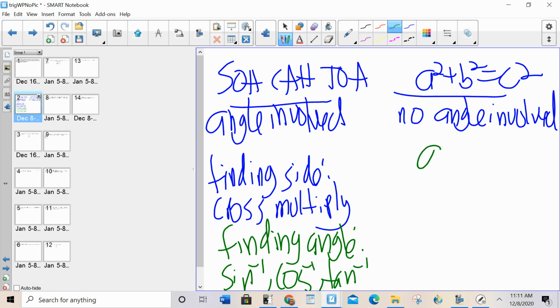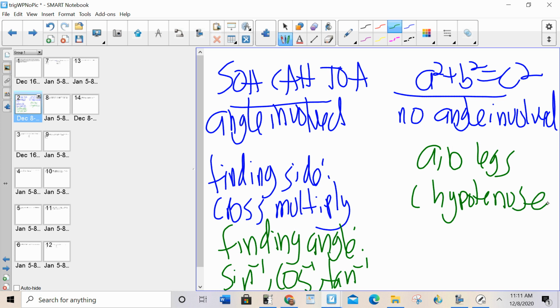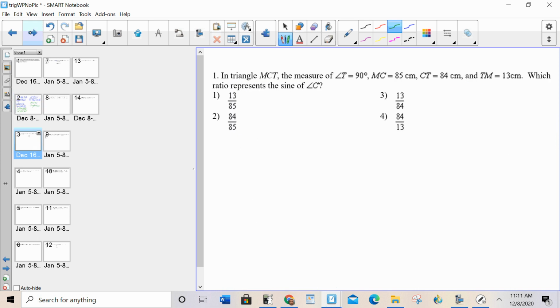For Pythagorean Theorem, A and B are the legs, and C is the hypotenuse. Now, a prerequisite for this lesson is that you know how to do Pythagorean Theorem and finding sides and angles using SOHCAHTOA. So if you haven't done those yet, go back to those lessons now, and once you're comfortable with that, you can come back to this.